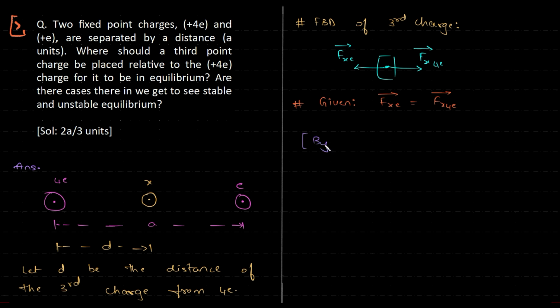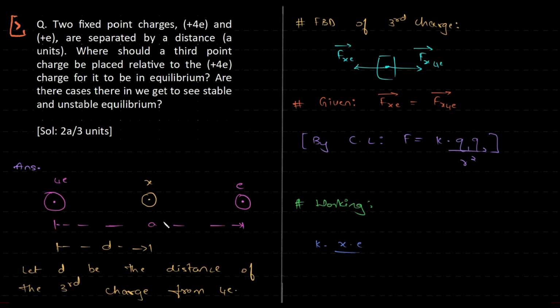And by Coulomb's law, we have the force between charges as q1 q2 by r squared. Now the working. Substituting in this expression, that would be k times x into e by r squared. What is r?